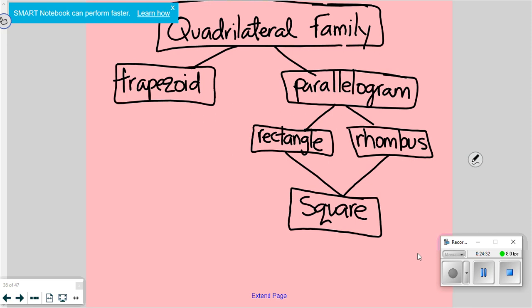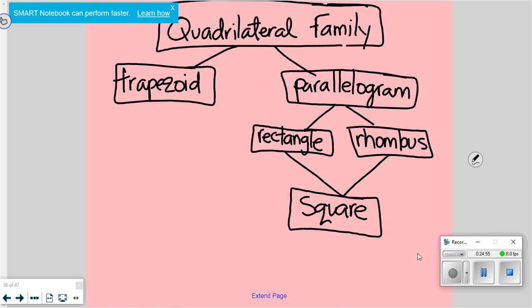A square can be a rectangle, but a rectangle can't always be a square. All squares can be called a rhombus and a rectangle, but not all rhombuses and not all rectangles can be called squares.